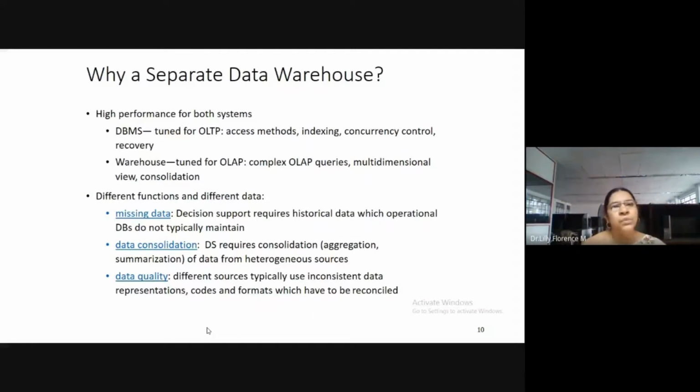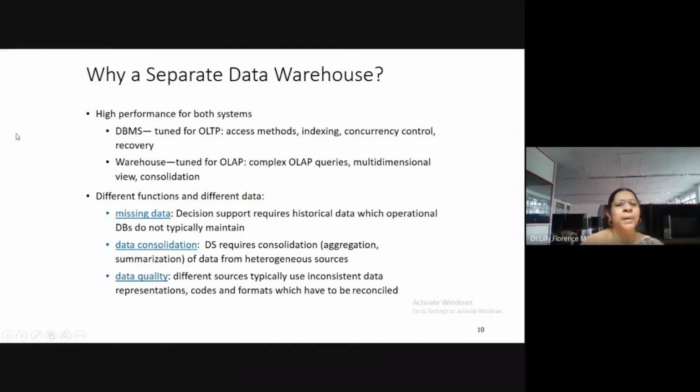But the accessing methods, data structures, and permissions for giving access are some differences between the DBMS and the data warehouse. So we need a separate data warehouse as subject oriented, so that we can analyze subject wise and make decisions subject wise.